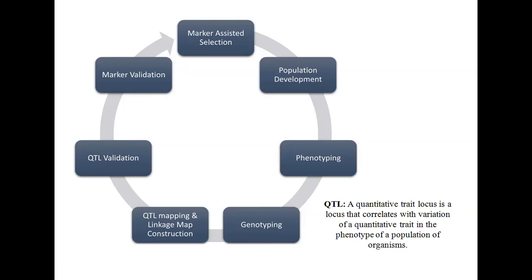Once DNA fingerprinting is done, that means genotyping using a molecular marker, you make a map. Based on the map, you choose your target prominent band. I'll show you in the next slide how QTL mapping is done.